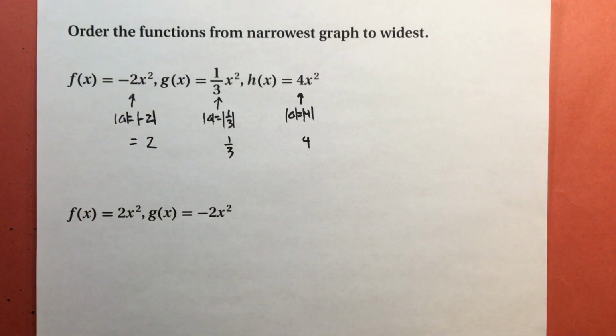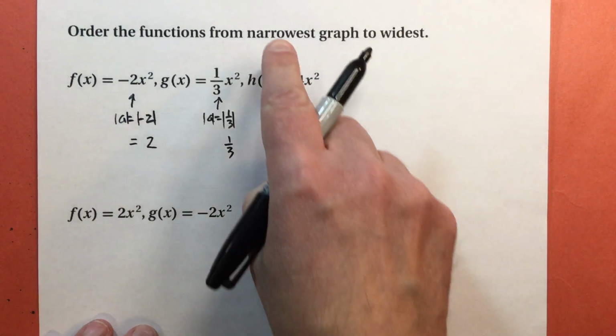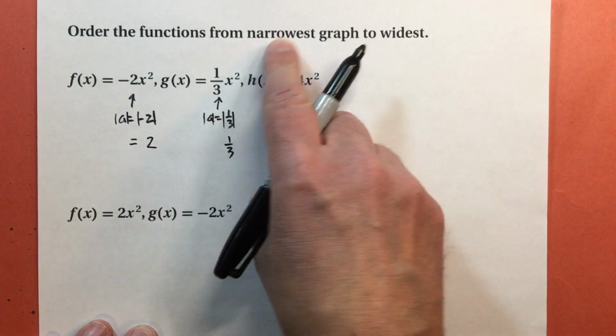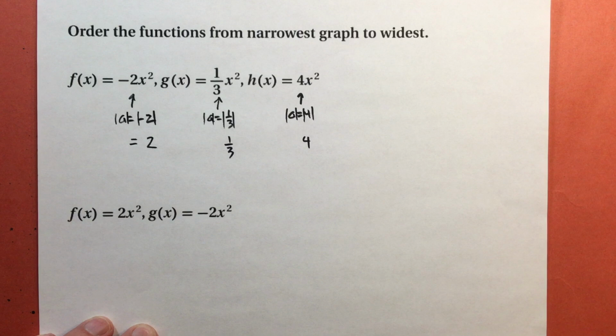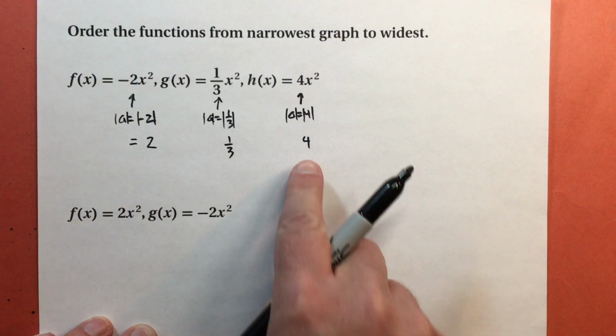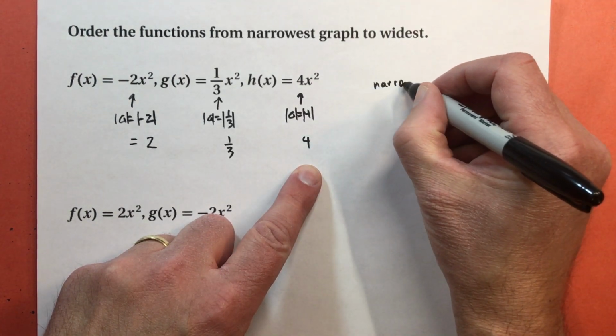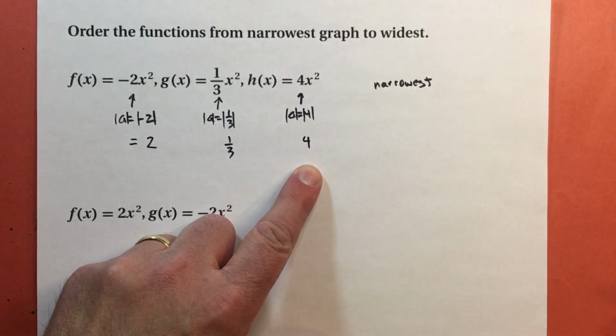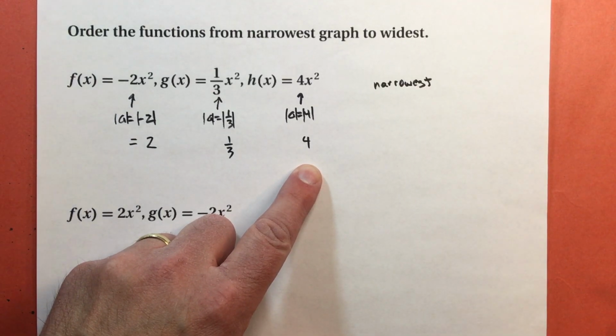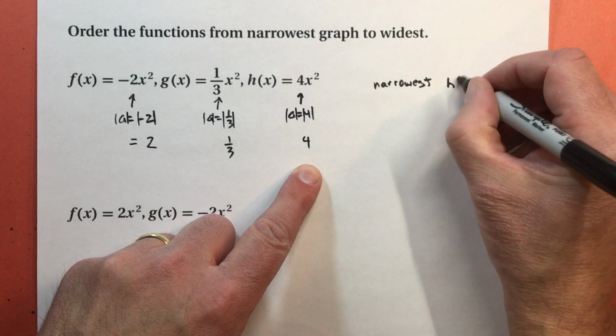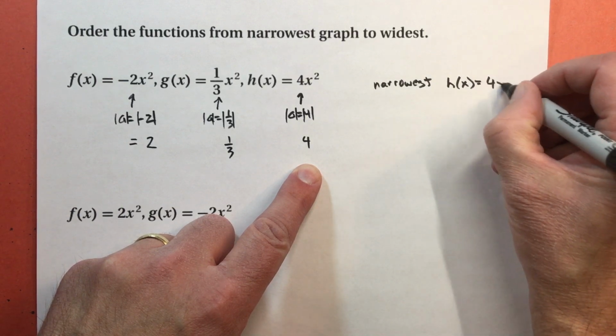Okay, now I can put them in order, from the narrowest graph, the skinniest graph, to the widest graph. That means I'm going to pick which of these has the biggest a value, which is the positive part of the a value. That's going to be this one. So the narrowest, which I think is a real difficult word, I just say skinniest, it's fine, is going to be h of x equals 4x squared.